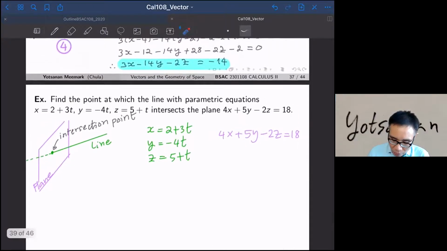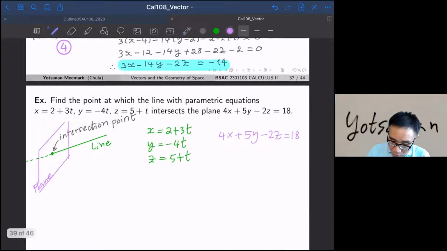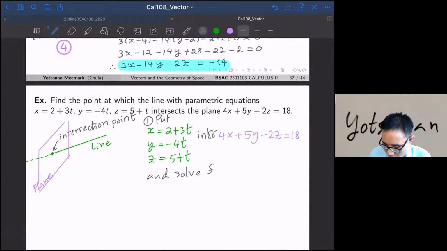So you just put the x, y, and z that you have into the plane and solve for t.